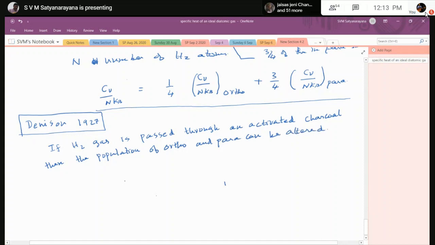So Denison did systematic experiments, where he showed that you have some kind of a ratio R, so that CV by NKE is R times CV by NKE of ortho plus 1 minus R times CV by NKE of para.